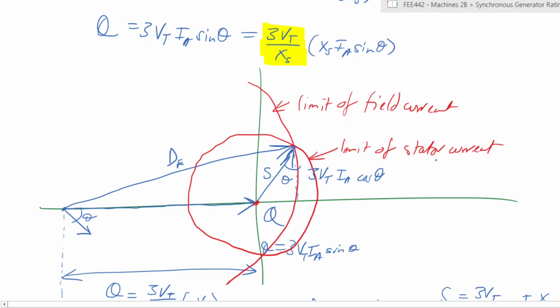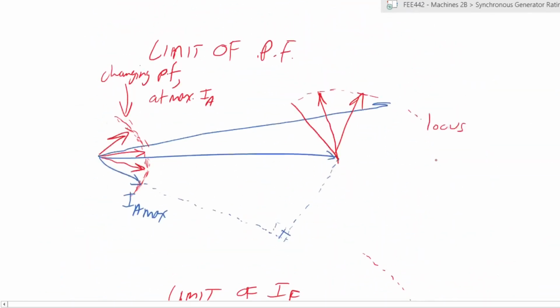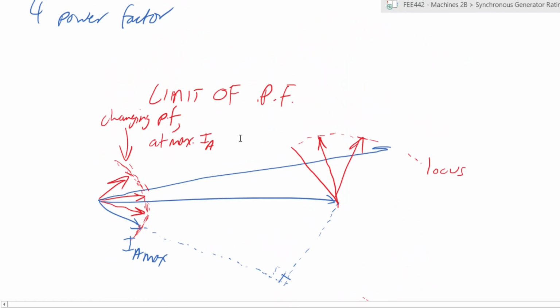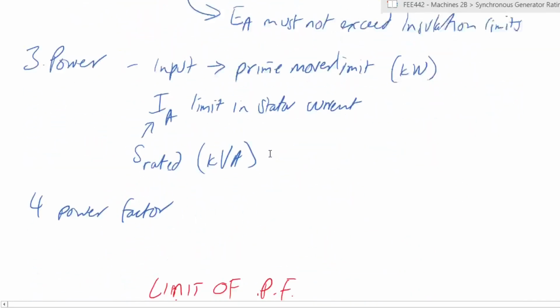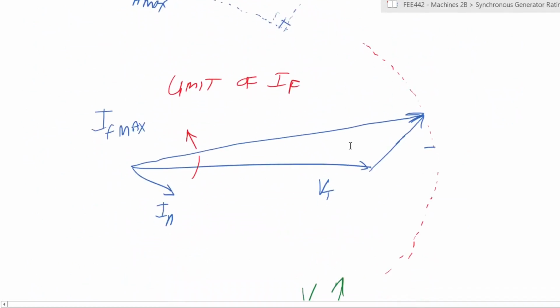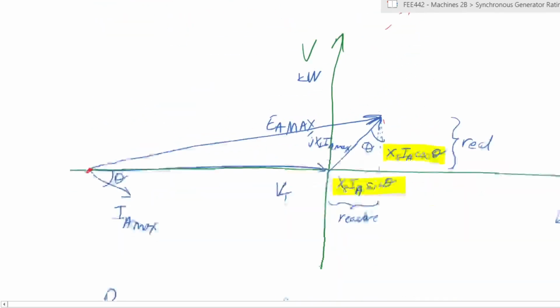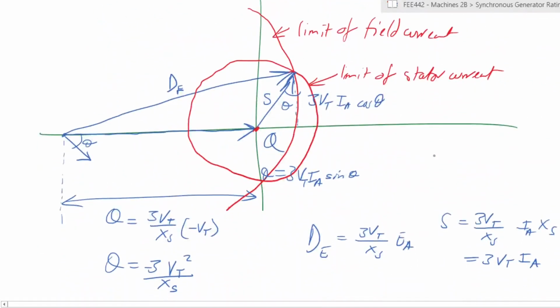So those are the two main limitations which we have already discussed here. So the limit of power factor, which is the limitation of IA max, and also the limit of field current, which gives you the limitation of your internal generated voltage, which was here. The locus was there.